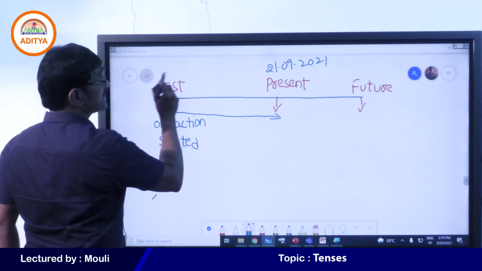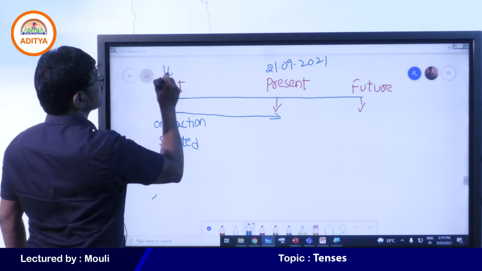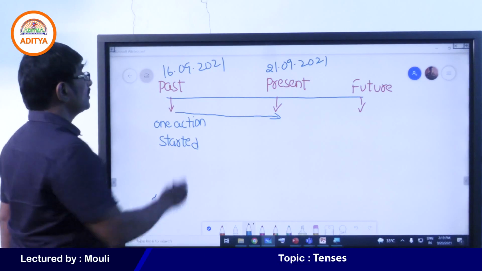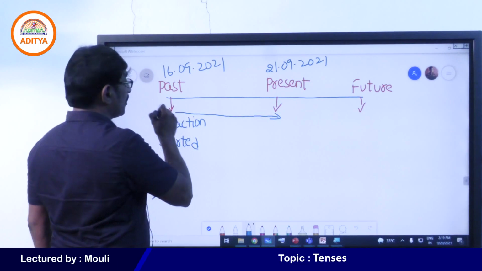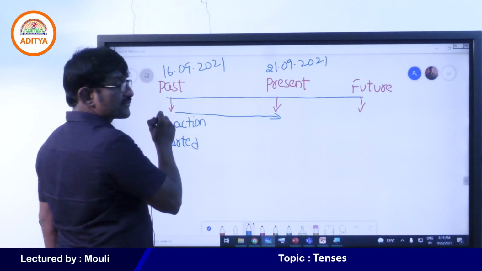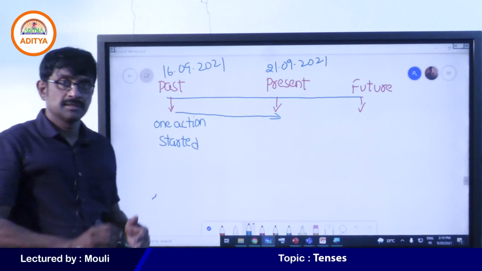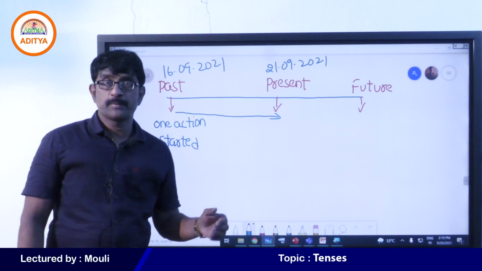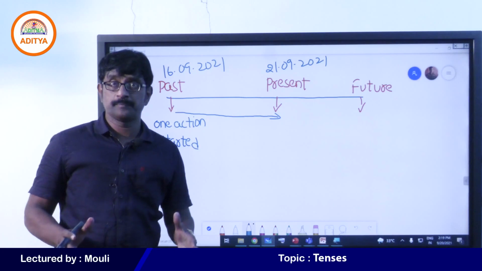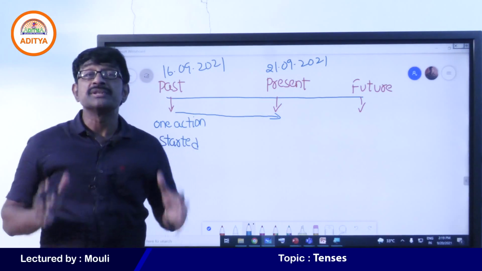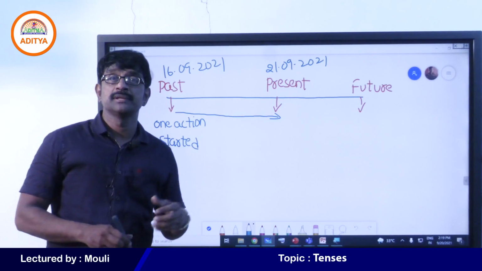So this action began, you think, on 16/9/2021. So it began on the 16th of this month, and it is still continuing today. That is the importance of this tense.